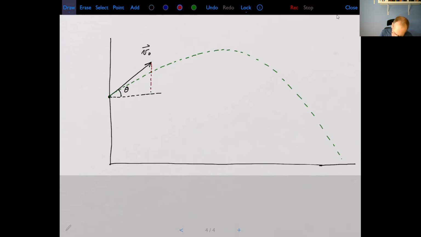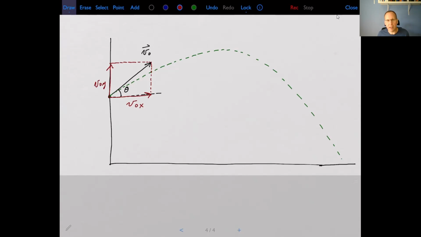This horizontal component, that would be v naught x, the horizontal component of that initial launch velocity. And then to find the y component, I project the vector onto the y-axis. This vertical component, that would be v naught y.